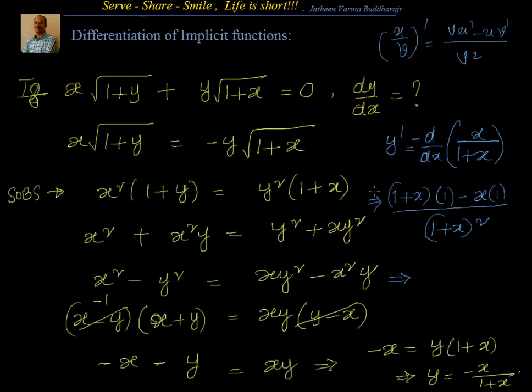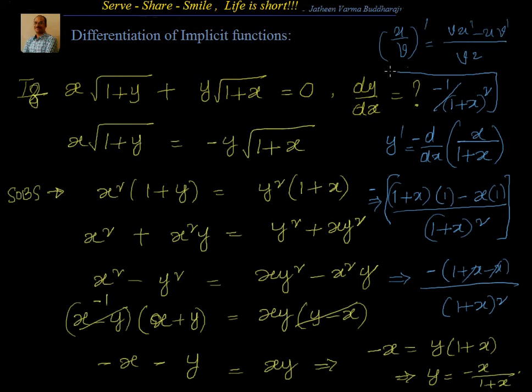If you simplify that, you multiply the whole thing with minus, that's equal to minus of 1 plus x minus x by 1 plus x whole square. x cancels, and you have the answer dy by dx equal to minus 1 by 1 plus x whole square, or you can also write it as 1 plus x whole square into dy by dx plus 1 equal to 0. So that's how we can solve implicit functions.